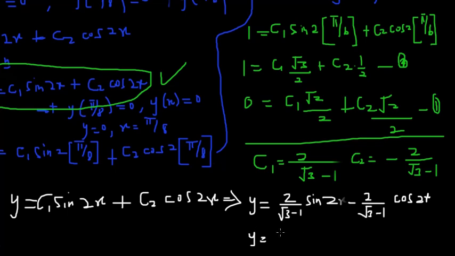Factorize 2 on root 3 minus 1 out, then we have y equals 2 on root 3 minus 1 times sine 2x minus cos 2x. Yes, so this brings us to the end of the initial value problem and then boundary value problem.